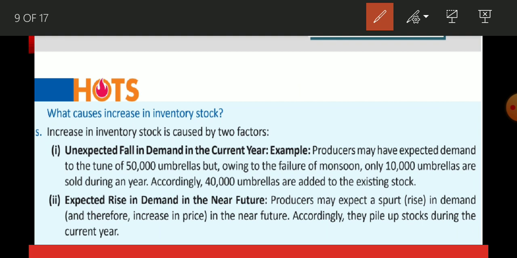That is why they maintain their inventory stock of finished goods, semi finished goods as well as raw materials, so that they can fulfill the increased demand at once. So what are the two reasons for increase in inventory stock? First is unexpected fall in demand. They are thinking there will be demand of 10x, but there is demand of only 6x, so 4x remains with the producer. Second is expected rise in demand in the near future.